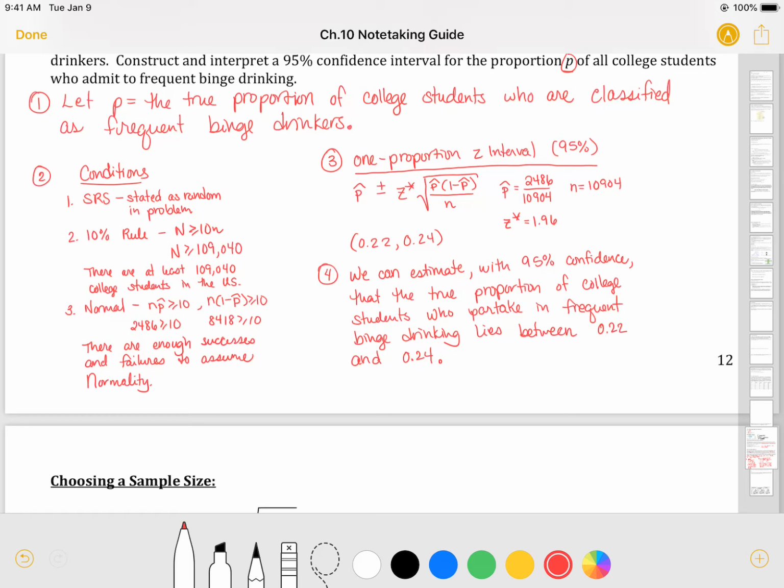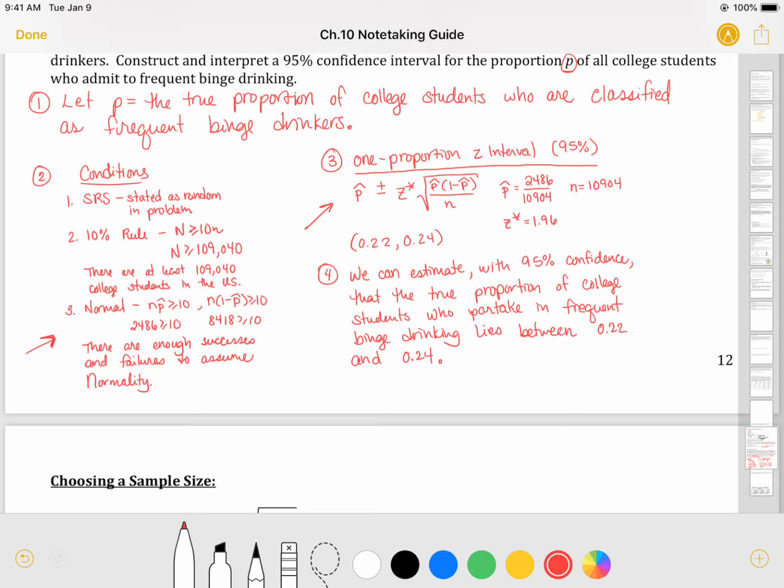Specifically, the third condition, this normal condition, changes slightly. And then obviously we are going to have a different test and a different formula. But step number 1, conditions 1 and 2, and step number 4 all follow the same process.